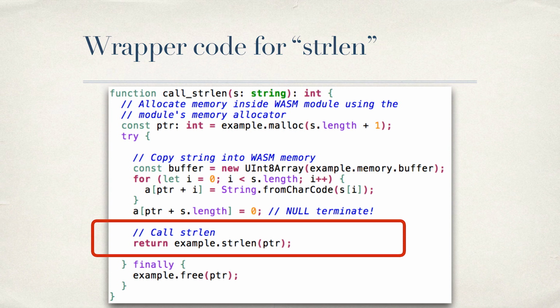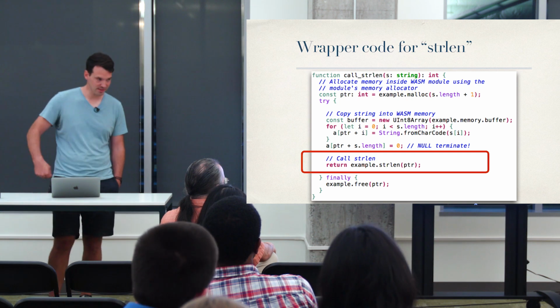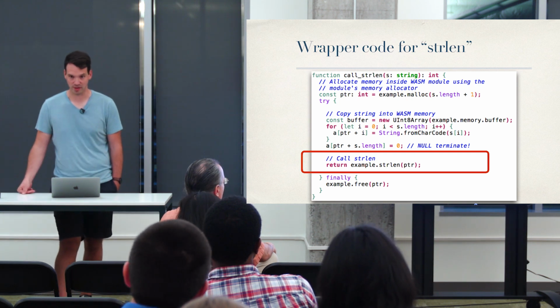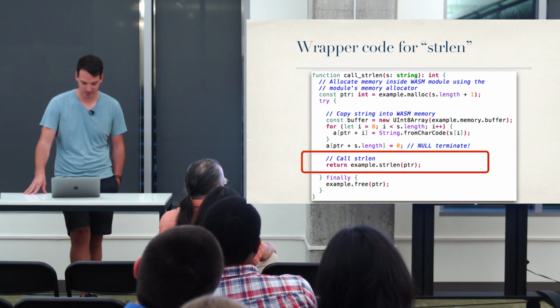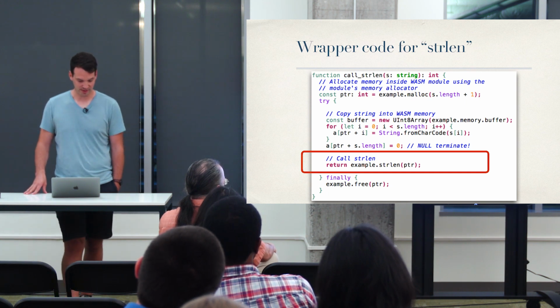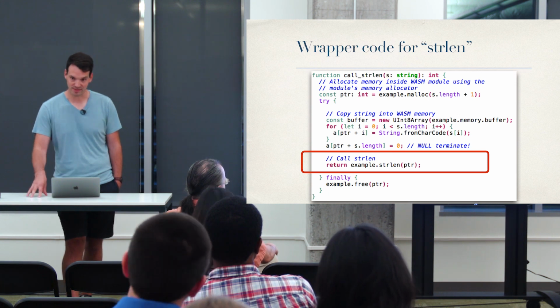WebAssembly doesn't provide these allocators. Again, the C standard library includes an allocator, like jemalloc or whatever. But since it takes and returns just numeric data types, it's totally fine. We can call it, no wrapper code needed. We need to call malloc so we can allocate memory in the WebAssembly environment.